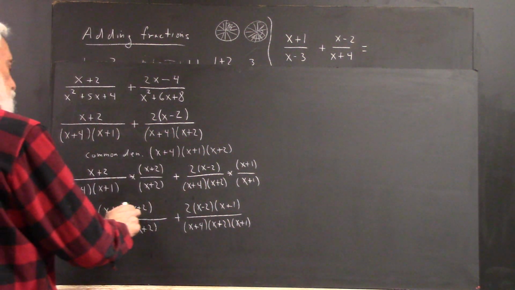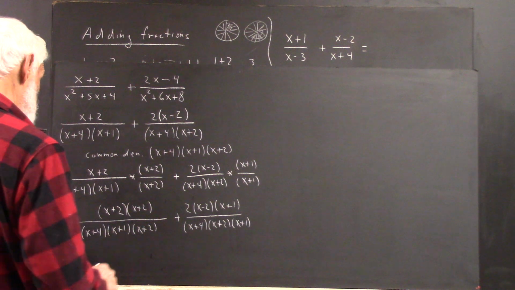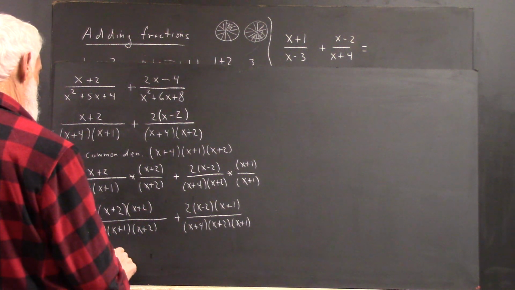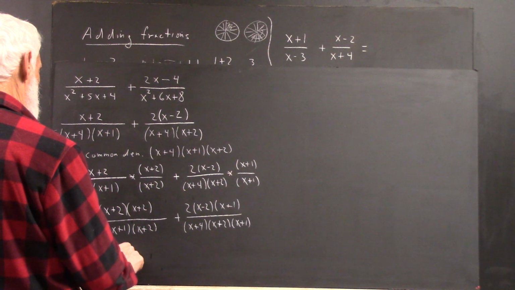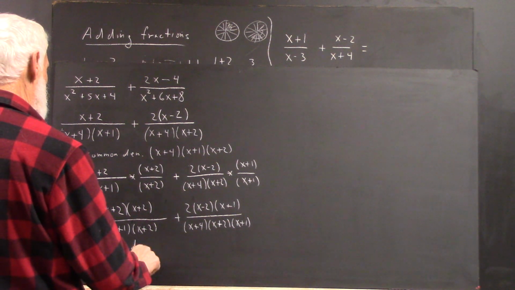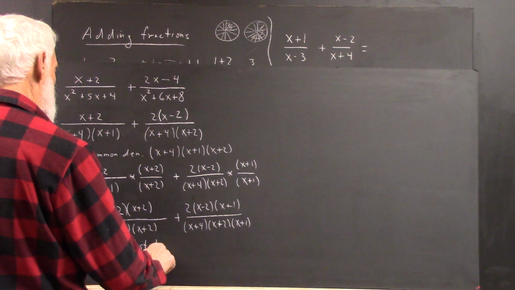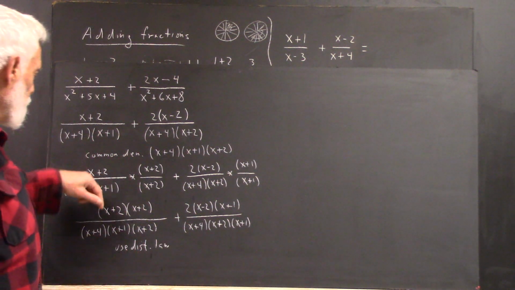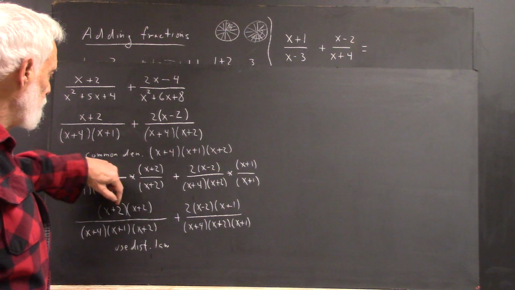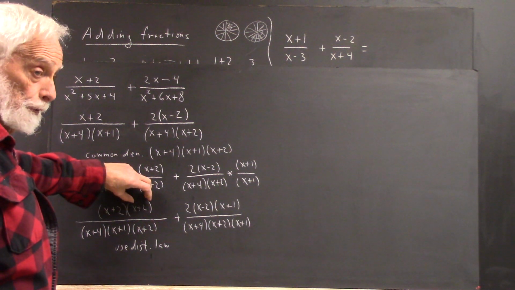And then we can use the distributive law. I'm not going to write out all the steps of using the distributive law, but this is going to be x times x plus 2 times x plus 2.